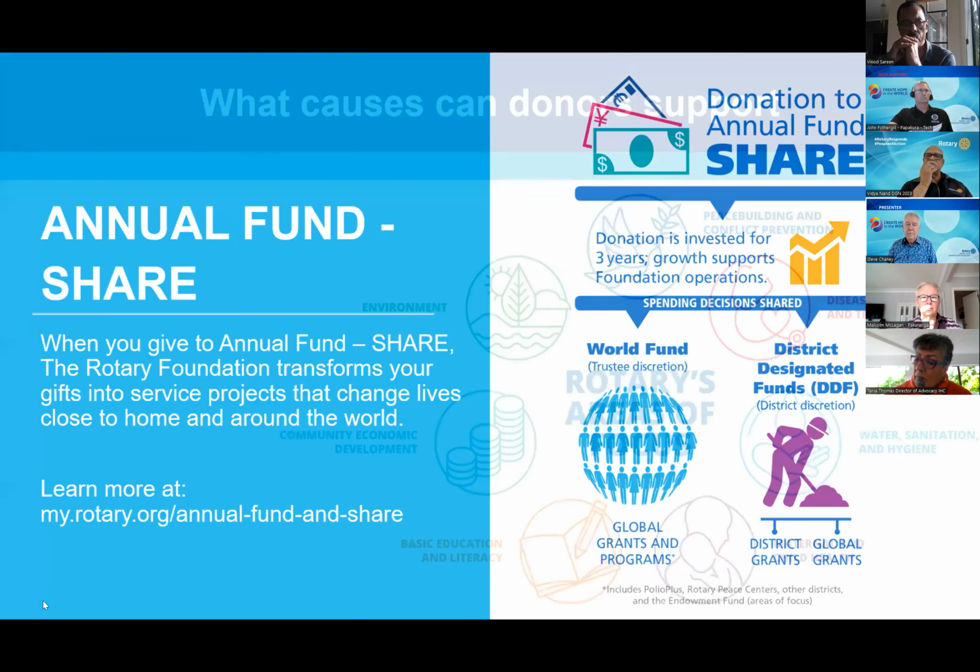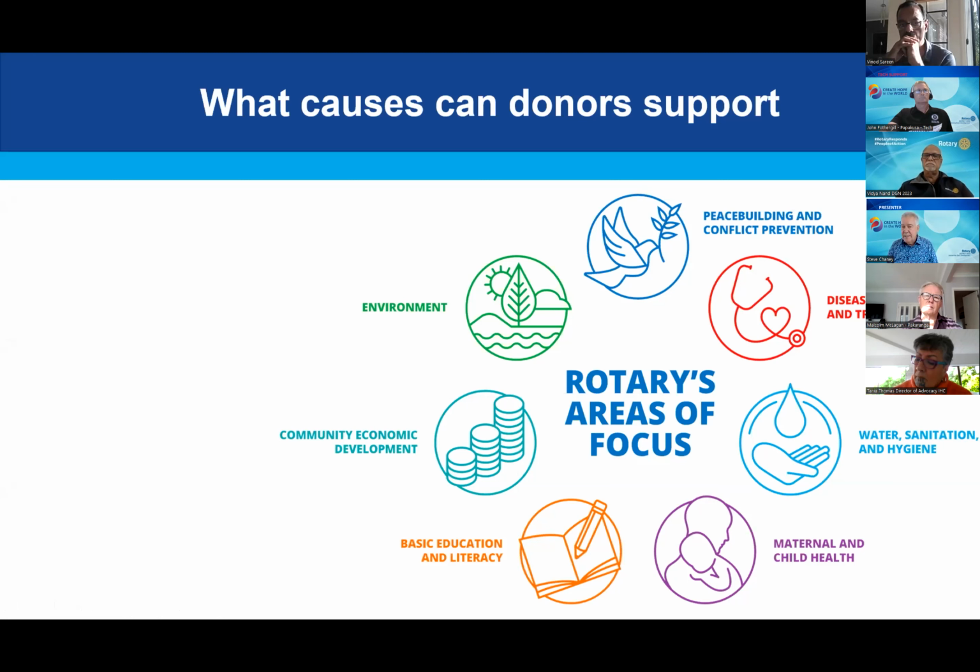So again, in terms of your community assessment as a club, what are the areas that you're going to support within the foundation? Peace, disease, water and sanitation, maternal child health, economic development, the environment. It's really important that you decide, because you can't do everything.